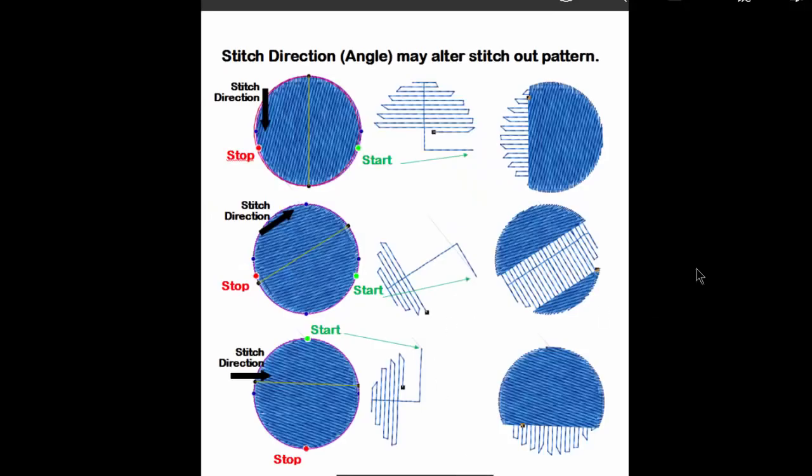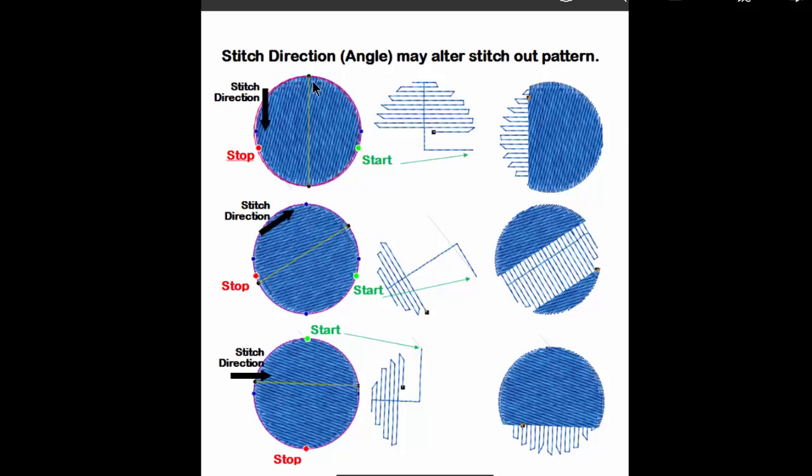Here's another slide where we can see all of this in a little bit more slow motion, stop-action type of slide. Depending on the stitch direction or the angle that you have set, this could alter the stitch out pattern.